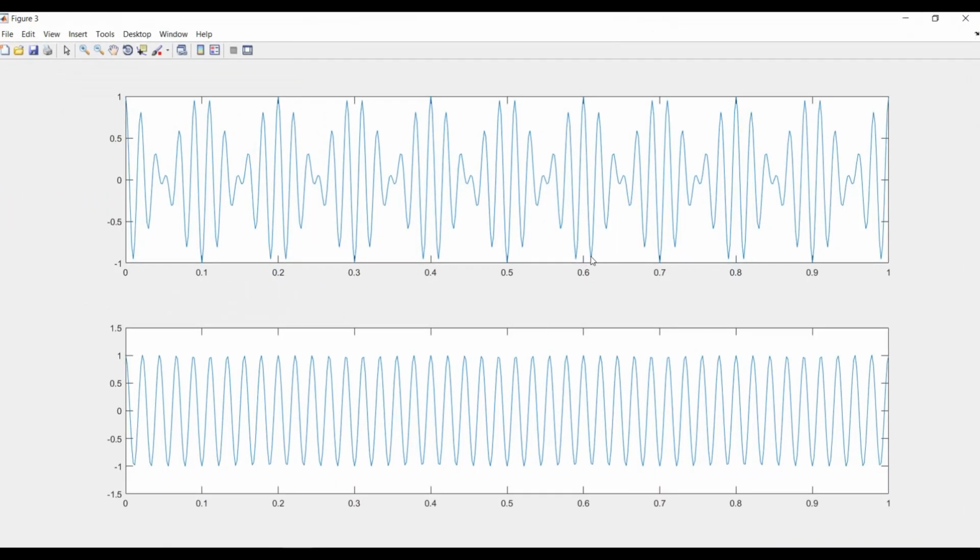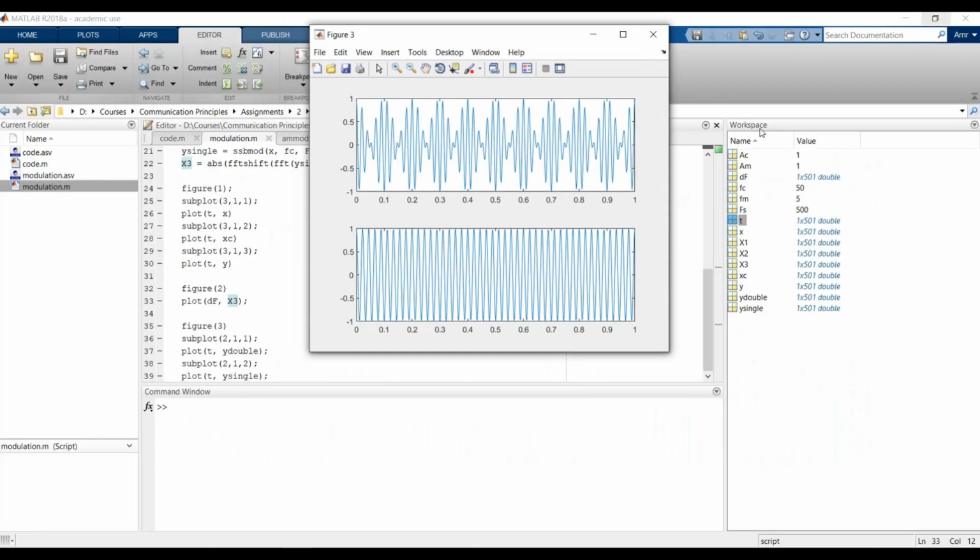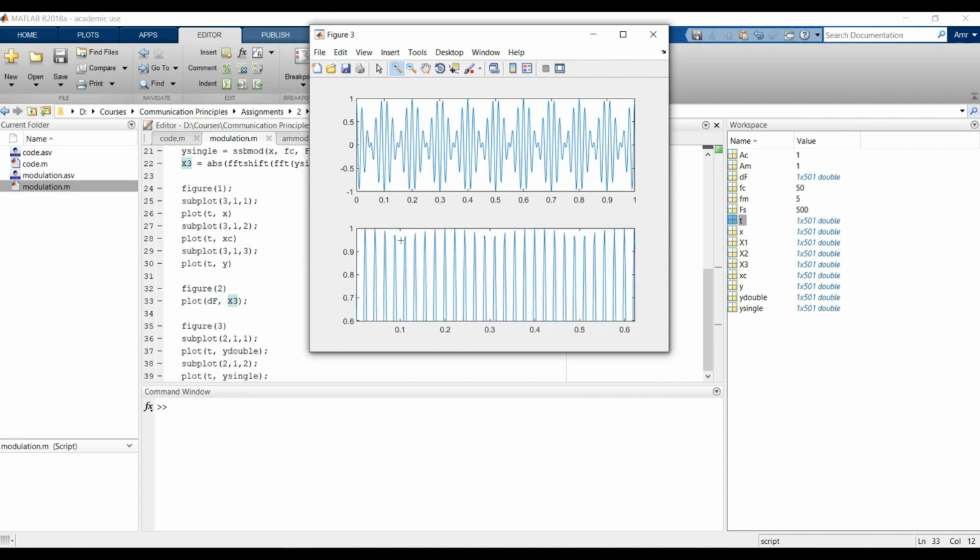These are our signals here. This is the double sideband suppressed carrier. This one is the single sideband modulation. You might think it's not really modulated because of the looks of it, but the amplitude actually varies with time.